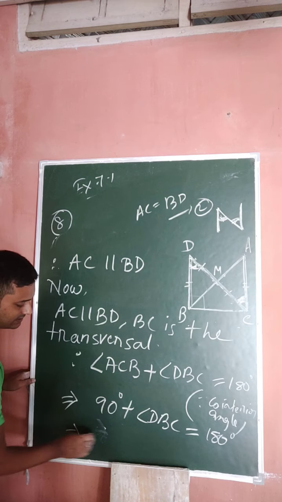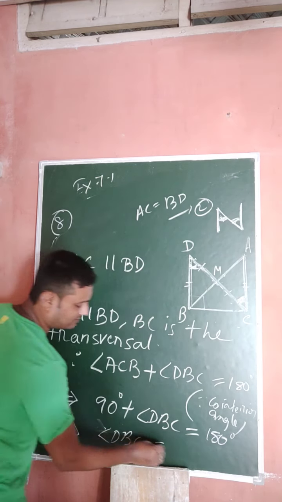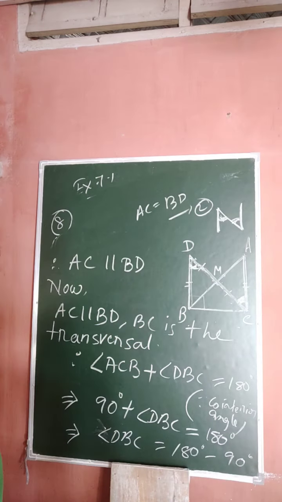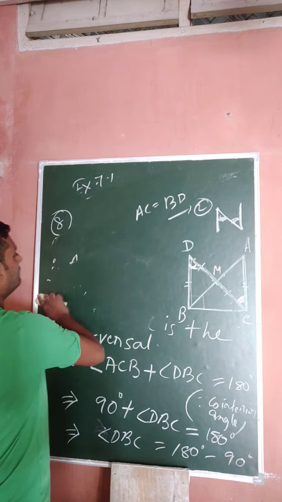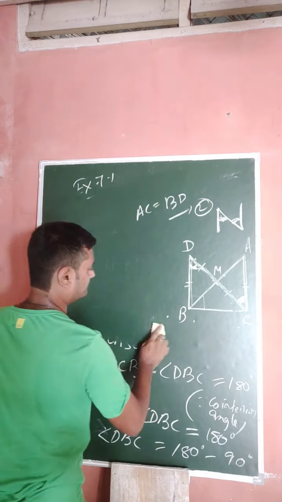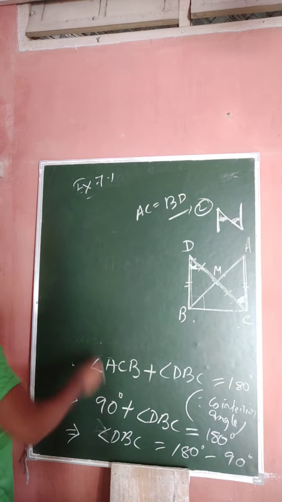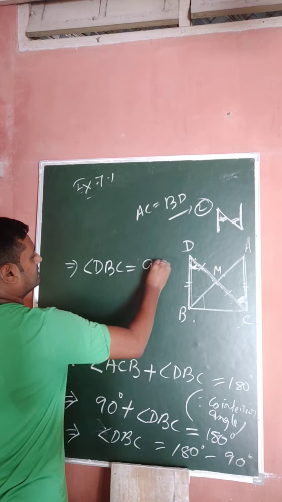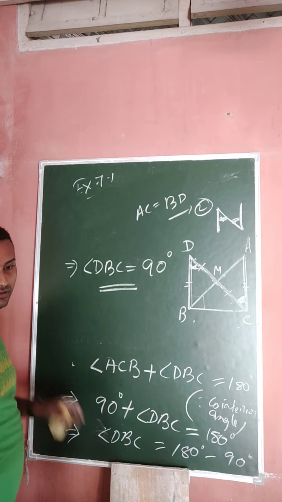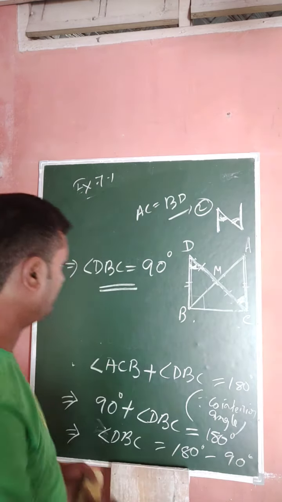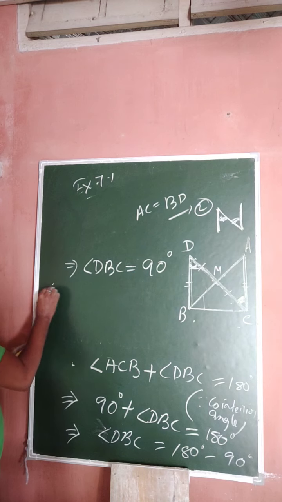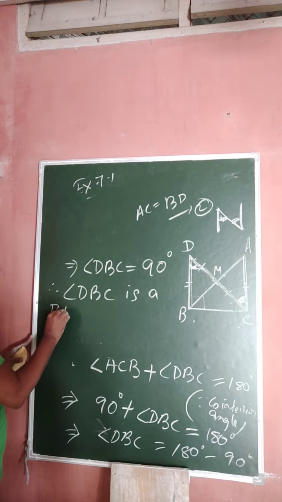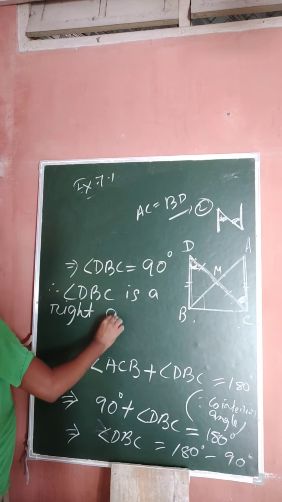So that means angle DBC equals what? 180 degrees minus 90 degrees. So the value of DBC is equal to what? 90 degrees. So DBC is a right angle. Therefore DBC is a right angle.